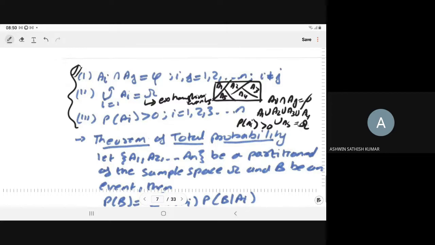There are no other events. For example, even and odd are mutually exclusive and exhaustive events in rolling a die. Other than even and odd, there is no other event. There are only these two kinds of events. So that is the partition.